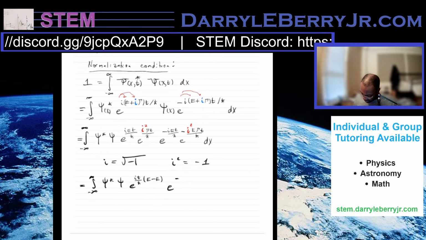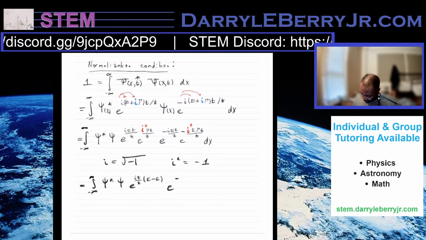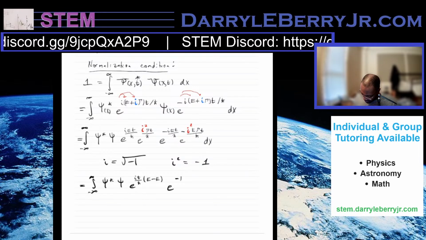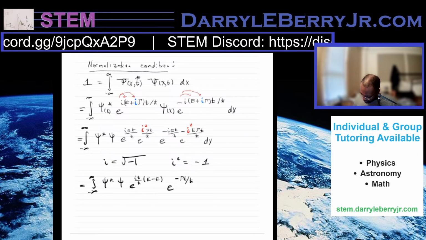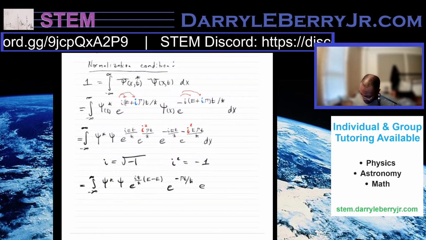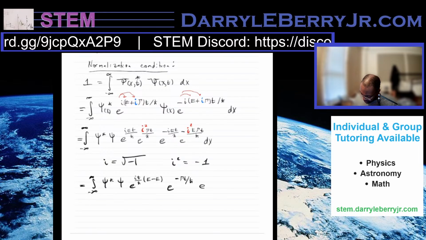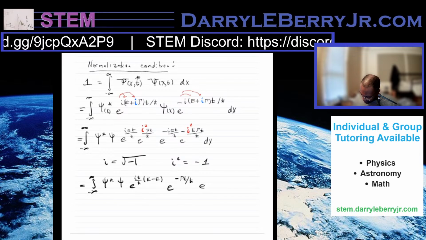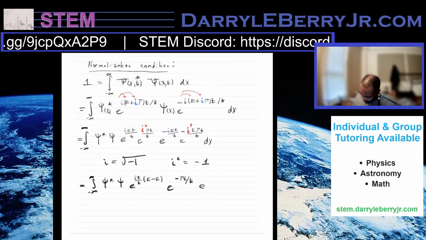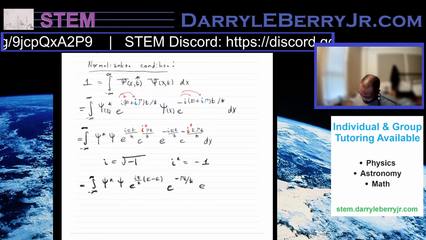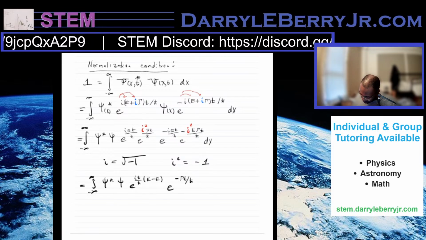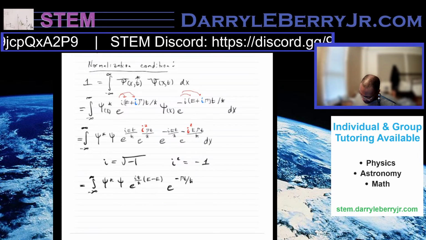So this i squared on the left becomes -1. So that becomes negative lambda t over h bar. And the one on the right here becomes -1 as well, but then there's a positive there. So this becomes a positive.